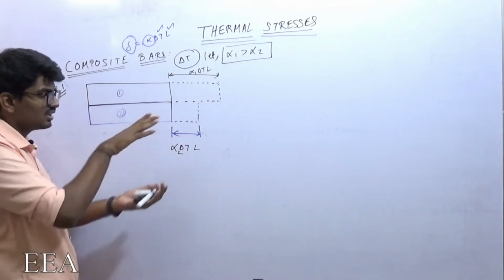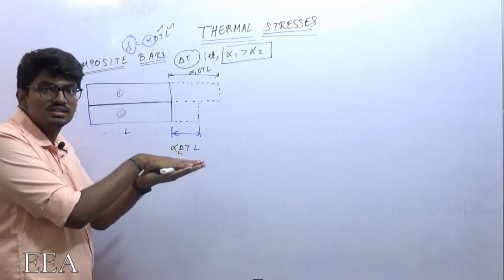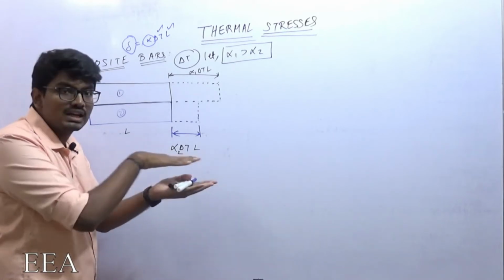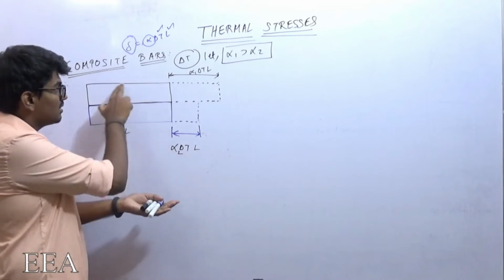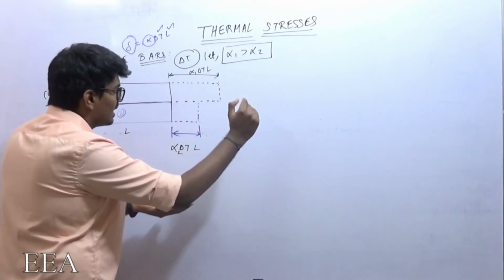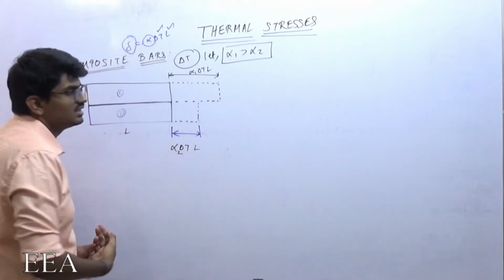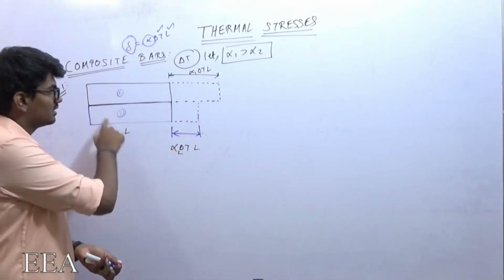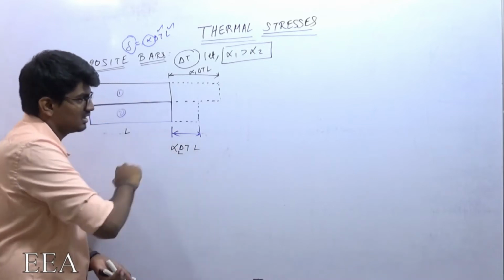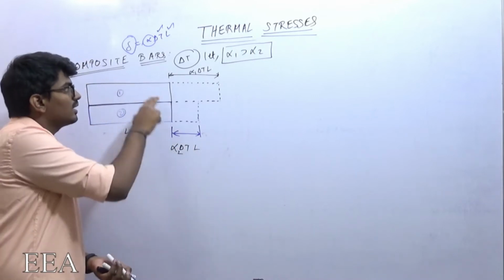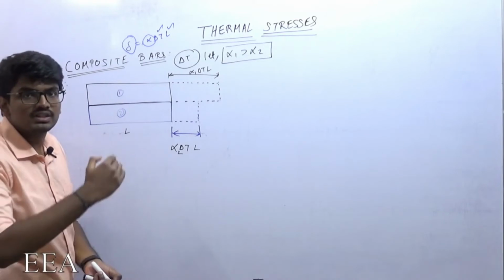Since both of them are attached together, there cannot be relative motion. If the first member tries to move forward, it will try to take the second member with itself, but the second member has lesser deformation. So the second member is not going to allow the first member to deform freely.